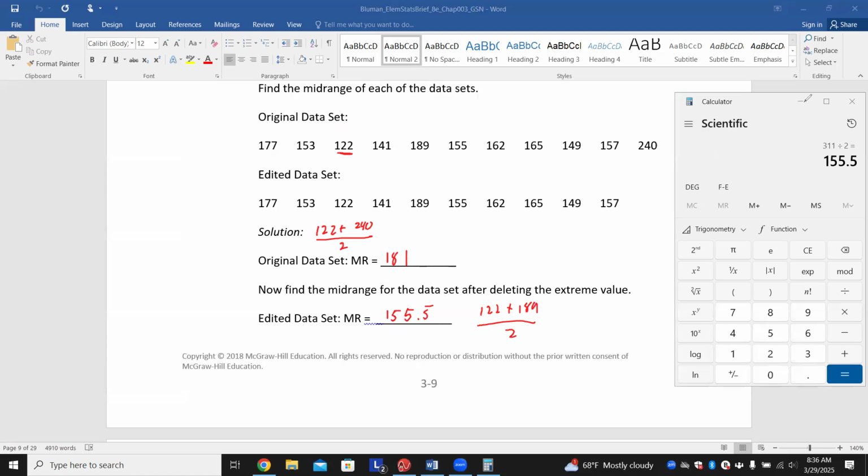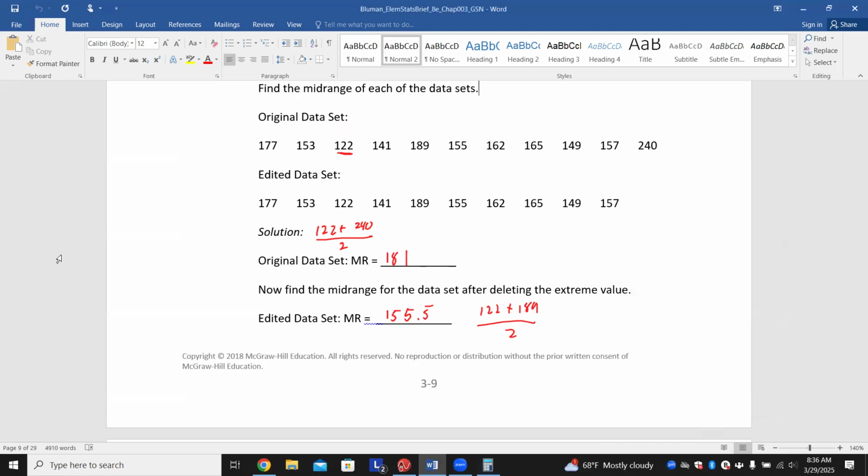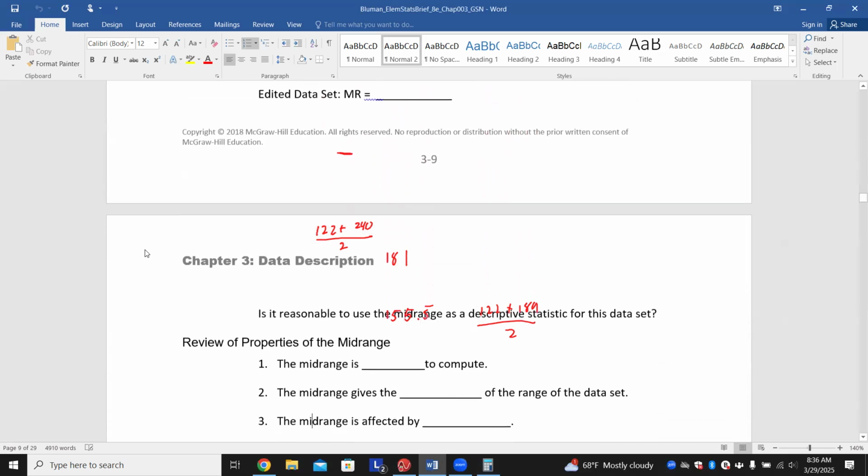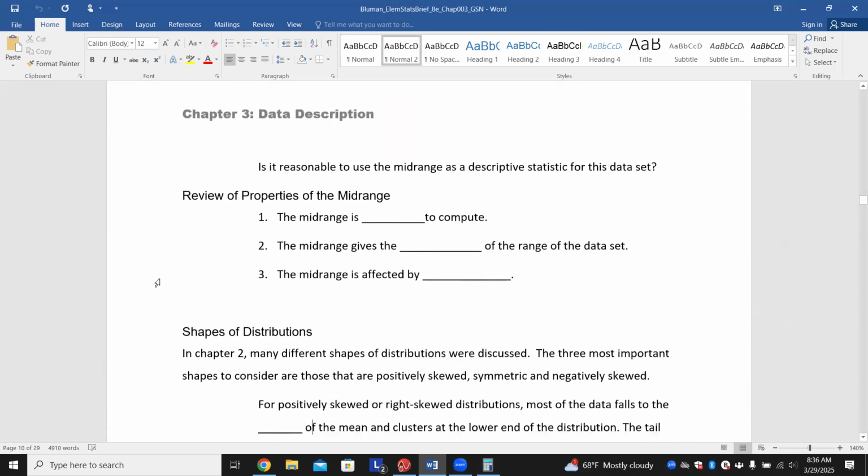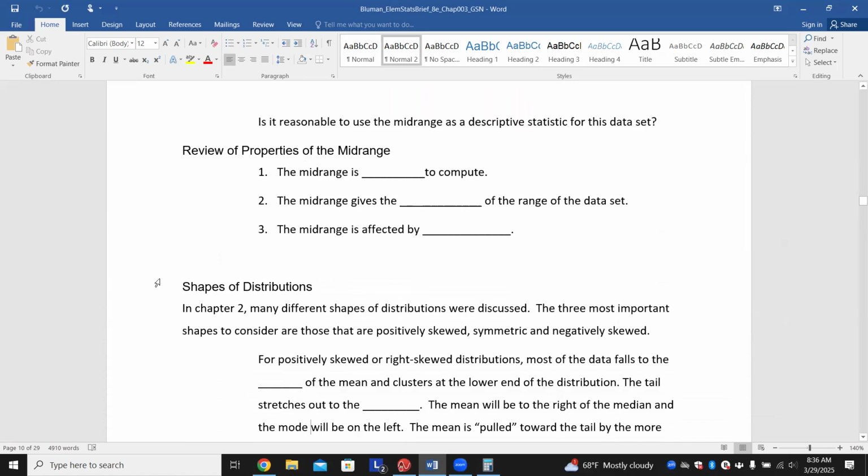So with that, let's talk about these type of numbers here. So 181 and 155, let's see if I can keep them there for a little bit. I guess the question here, I have to delete it because I can't really see. Is it reasonable to use the mid-range as a descriptive statistic for this data set?